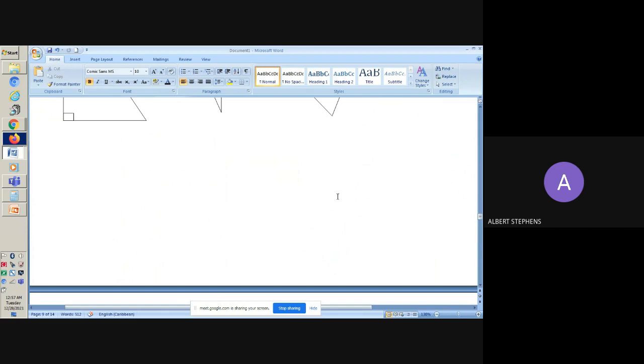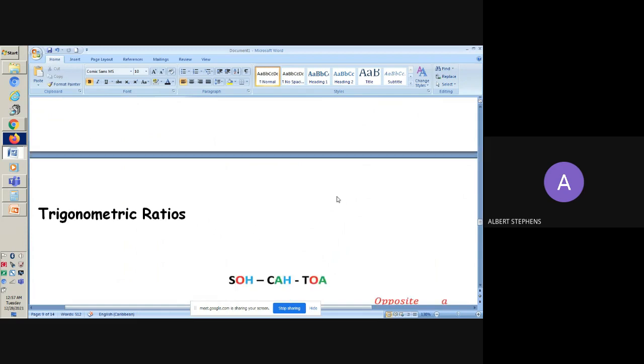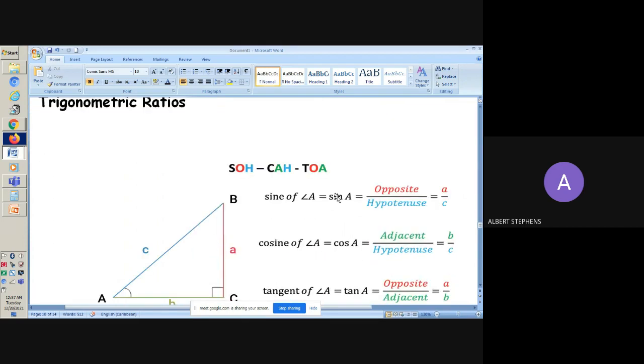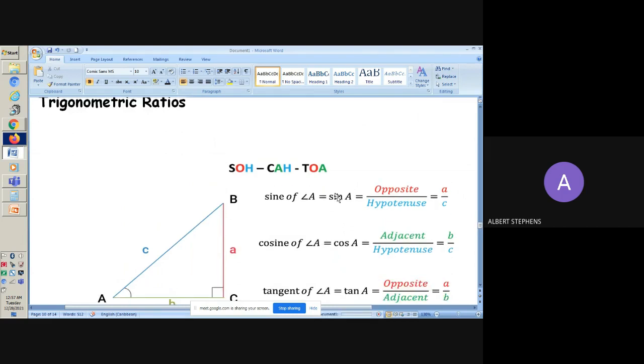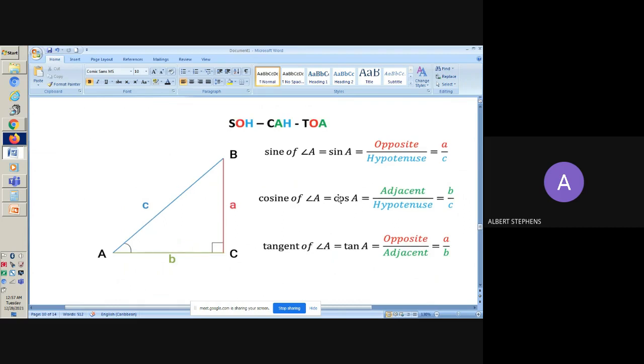All right, so we will look now at the trigonometric ratios. We have here sine of angle A, which is opposite over hypotenuse, cos of angle A, which is adjacent over hypotenuse, tangent of angle A, which is opposite over adjacent.